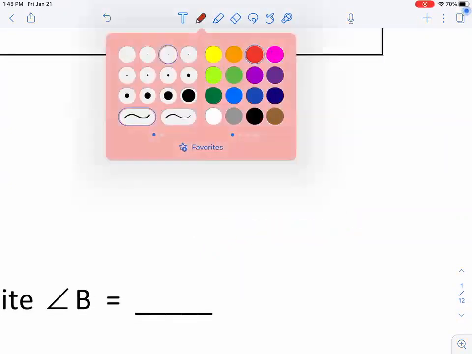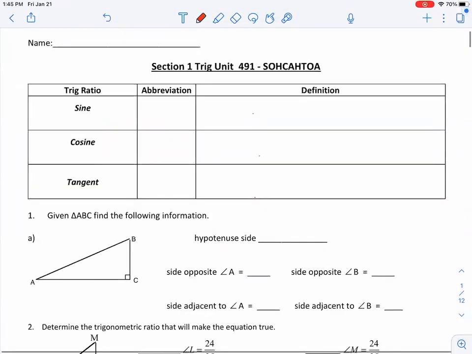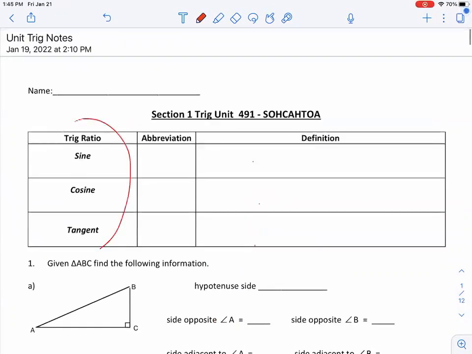So I'm going to throw some words out there and write down definitions, and hopefully they will make more and more sense as we use them quite a bit. There are three basic trig functions, listed here as trig ratios.